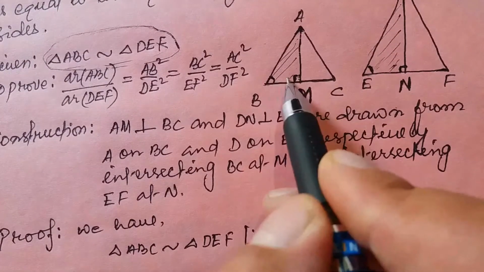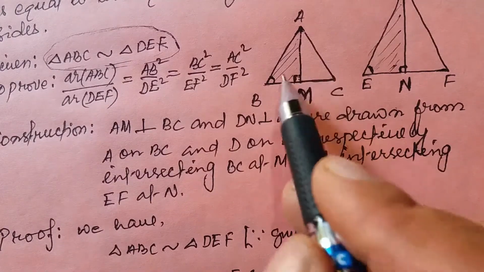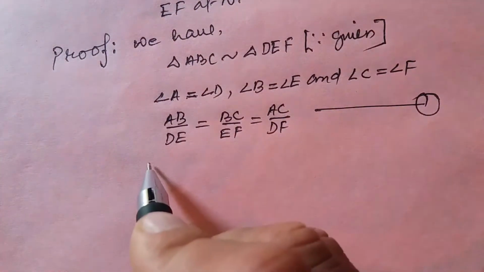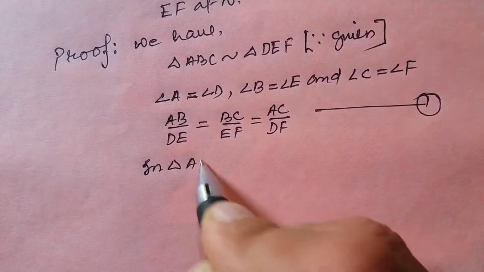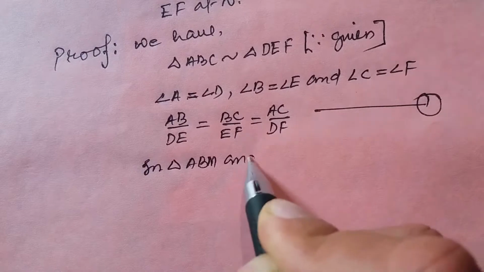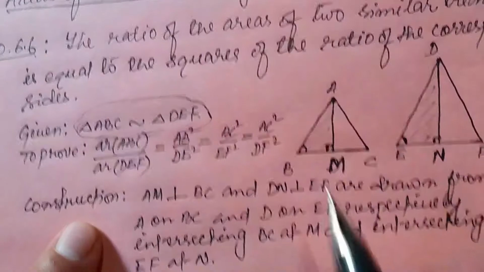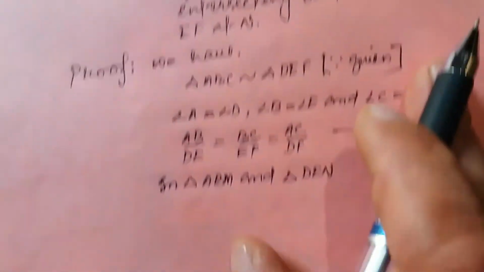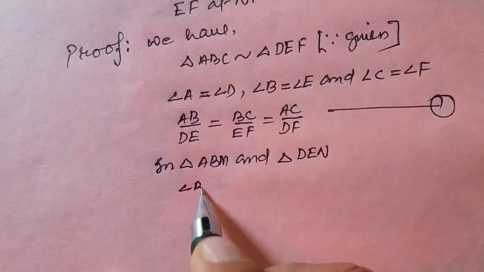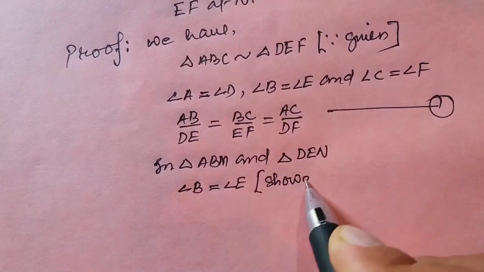So two angles of this triangle are equal to two angles of this triangle, which gives us, by AA similarity, these two triangles are similar. So here in triangle ABM and triangle DEN, angle B is equal to angle E, shown above.